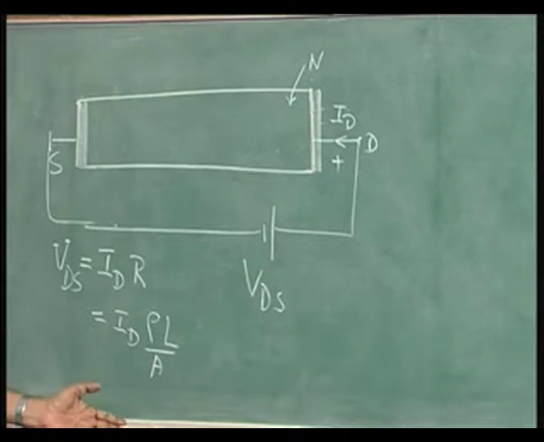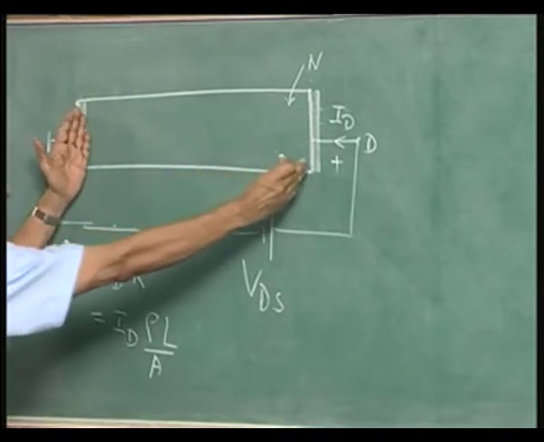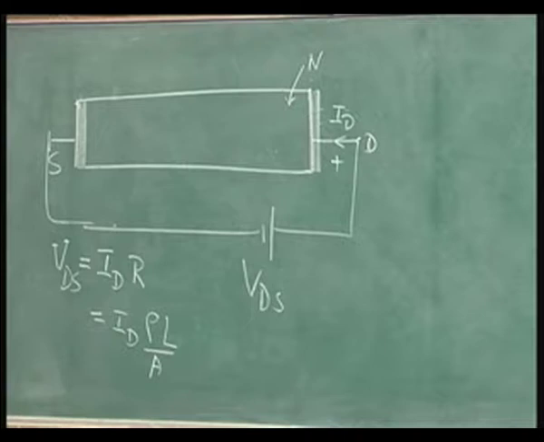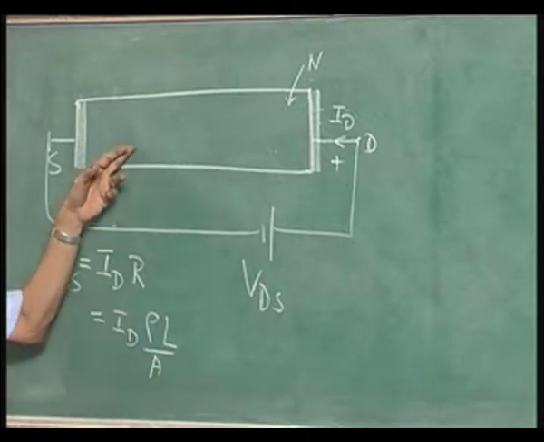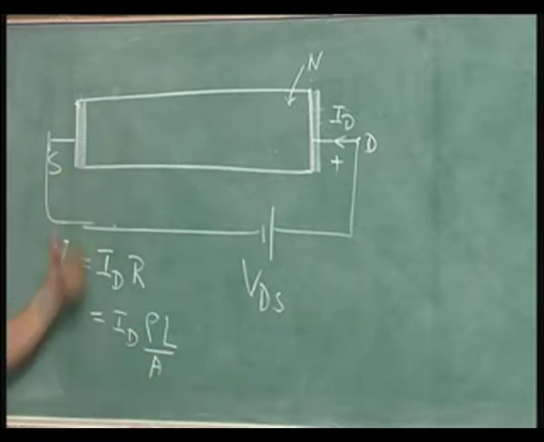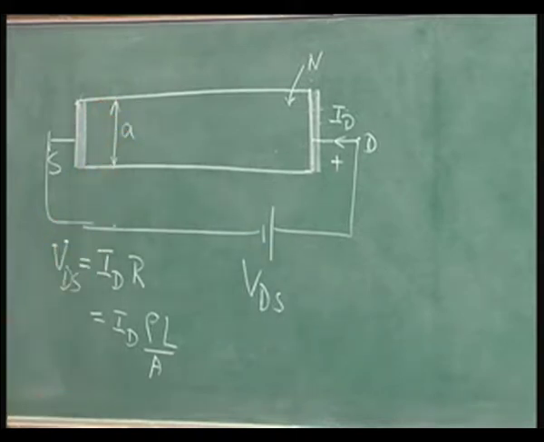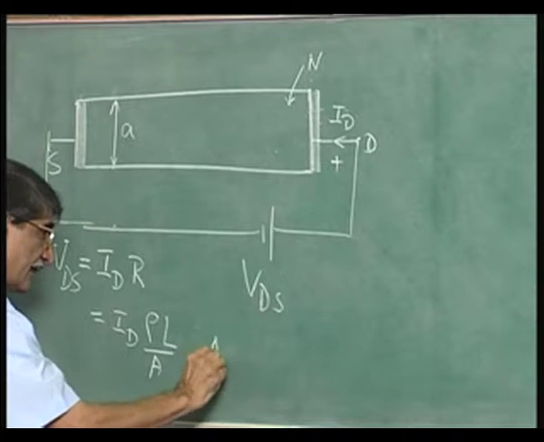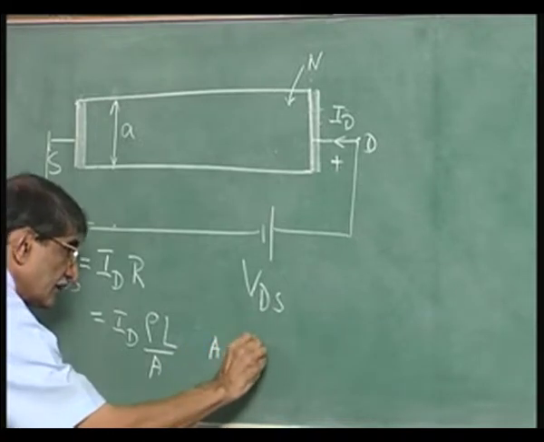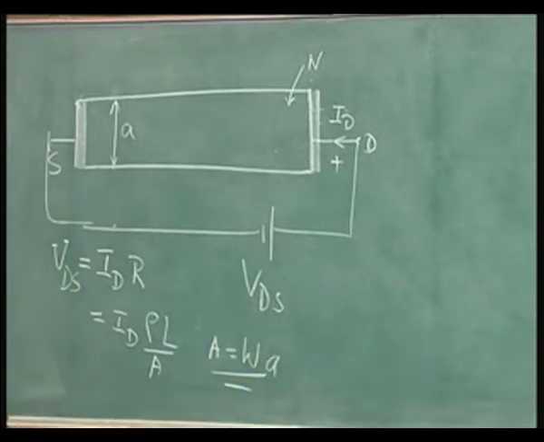Rho is the resistivity, L is the length between the two contacts, and A is the area of cross section, and area of cross section will be W into A, where W is actually the depth.